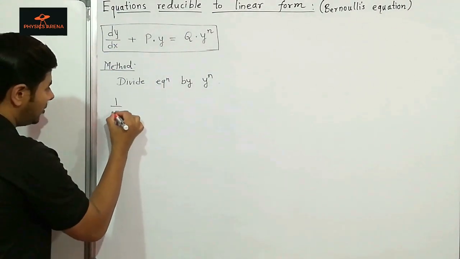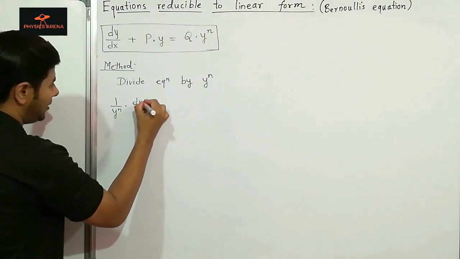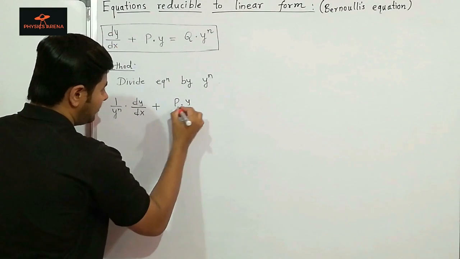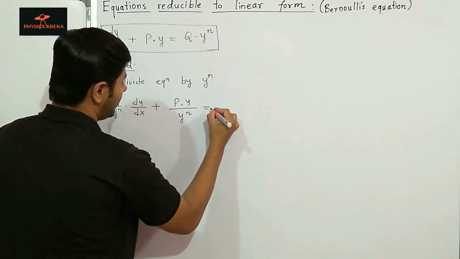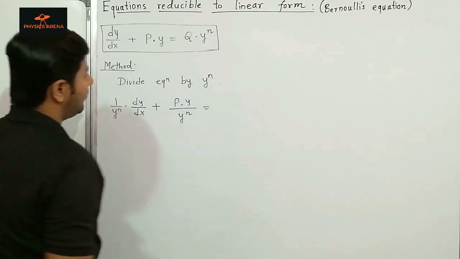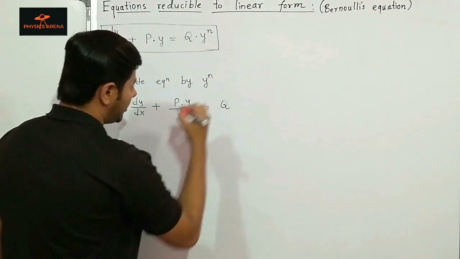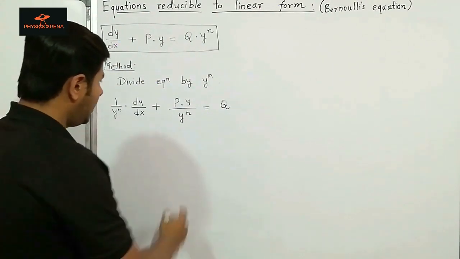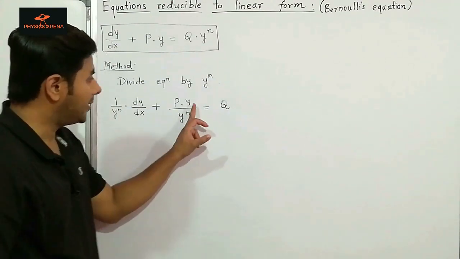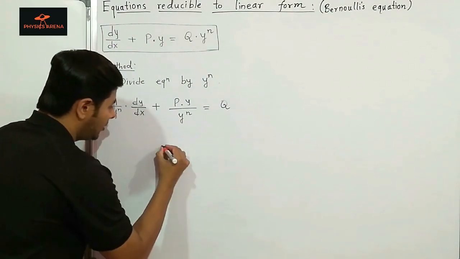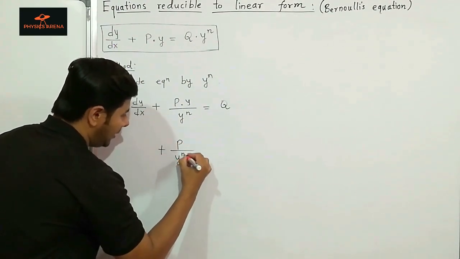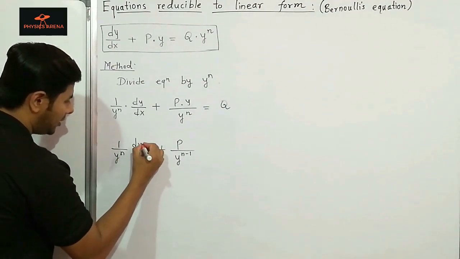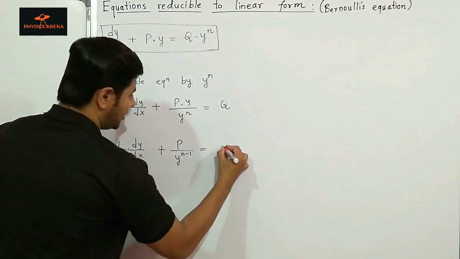So let us divide this by y raised to n. So we get 1 over y raised to n multiplied by dy by dx plus p times y divided by y raised to n equals to this y raised to n and y raised to n in denominator, they get cancelled out, so we have this q. Okay, then if I cancel one of this y with y in numerator, I have p divided by y raised to n minus 1, and here we have 1 over y raised to n dy by dx, and this is equal to q.